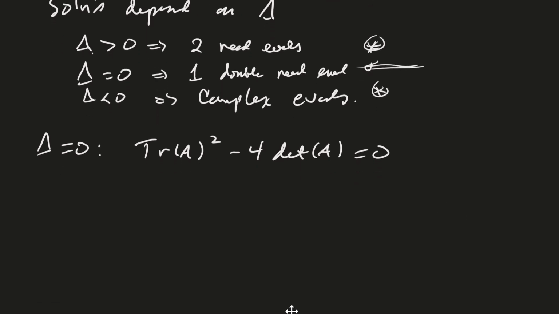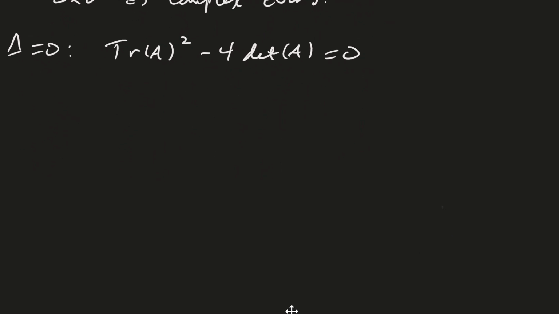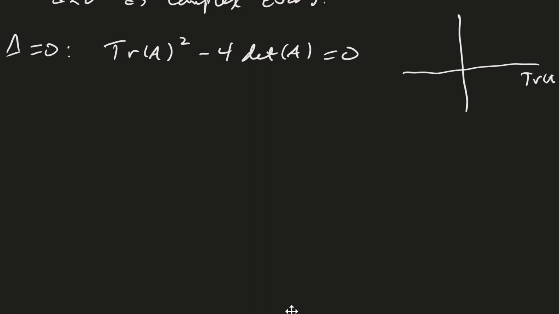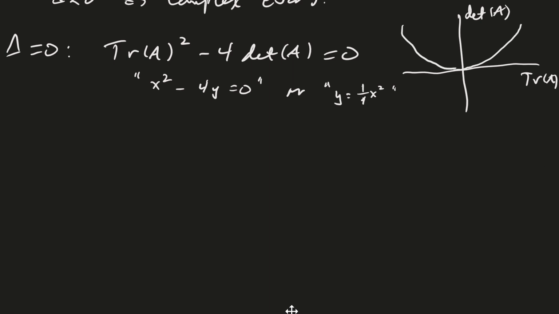Now, if I think about the trace as if it were the x-axis and the determinant as if it were the y-axis, then this equation becomes x squared minus 4y equals 0, or y equals 1/4 x squared. And so I could draw the parabola in the trace-determinant plane, and on the curve there is where the discriminant is equal to 0.